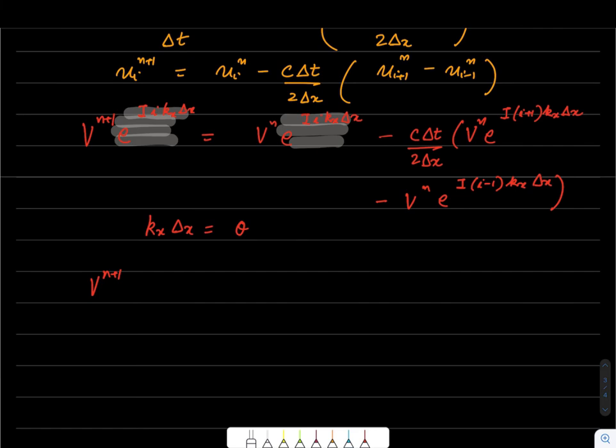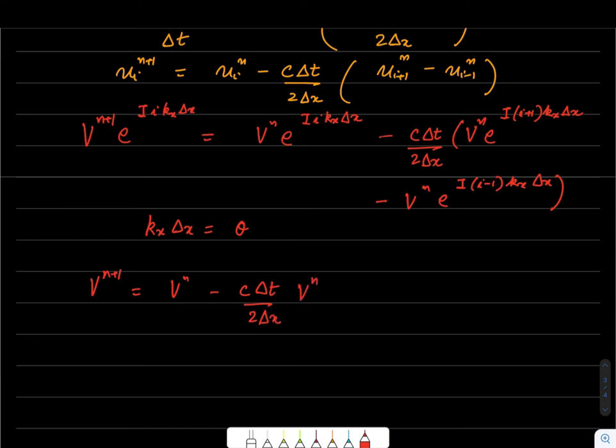And it would also be, some parts are also here and here. So I'm going to try and cancel out these factors now. So we'll have Vn plus 1 to be equal to Vn minus c delta t by 2 delta x, Vn will be a common factor, we'll have e to the power I theta minus e to the power minus I theta.